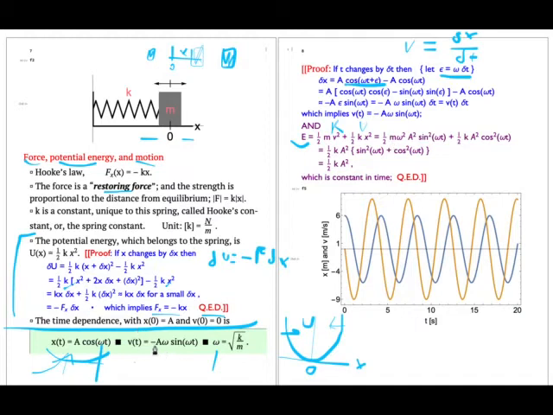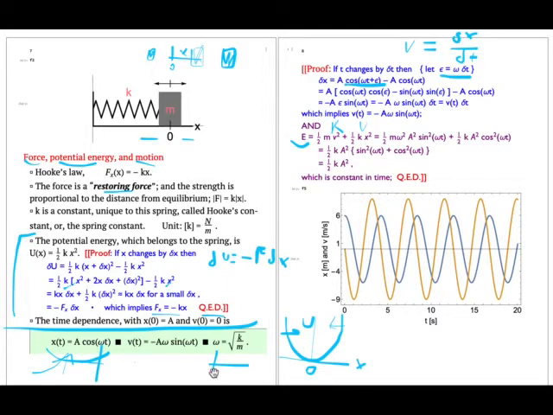V squared is a squared omega squared sine squared omega t. And potential energy is 1/2 kx squared. So 1/2 k, x is a cosine, so a squared cosine squared. Now I have some common factors. Both terms go like a squared, so I could factor out a squared.